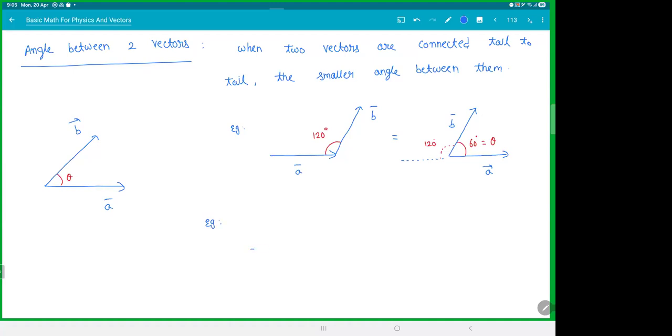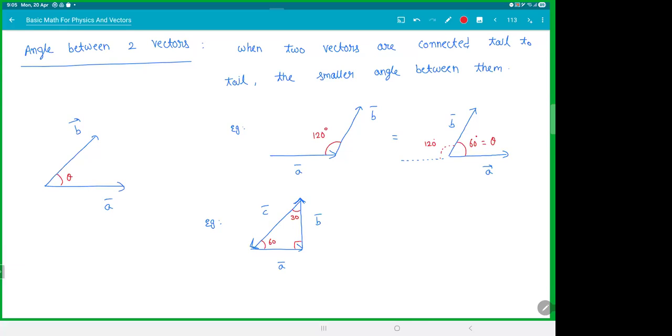Let me give you one more example. Let's say I have three vectors like this: A bar, B bar, and C bar, and let's say the angles are 60, 30, and 90. Can you tell me what is the angle between the vectors? What is the angle between A and B? Between B and C?